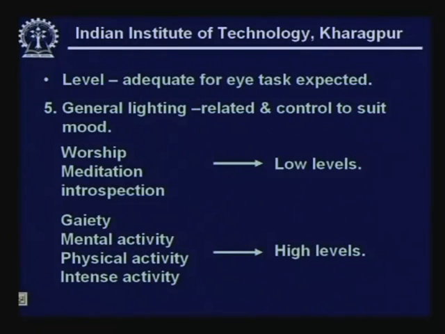Smaller the object, the more light is required to track its movement. Faster it is, you need more light, slower it is, lesser light will do. So, all these come under a group which involves certain intense activity. For instance, intense reading and writing, working on these are all involving precision eye tasks which need high levels.